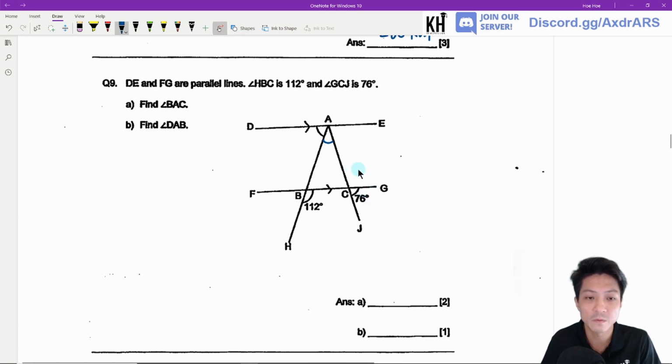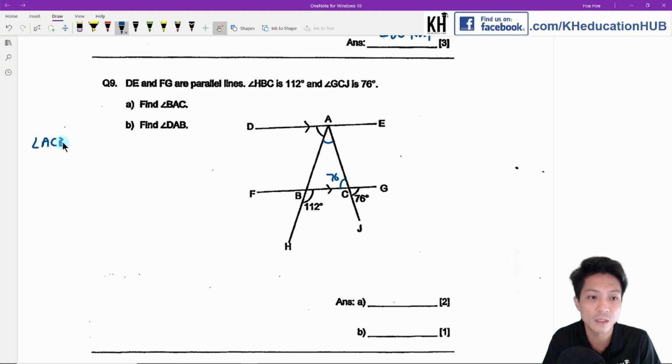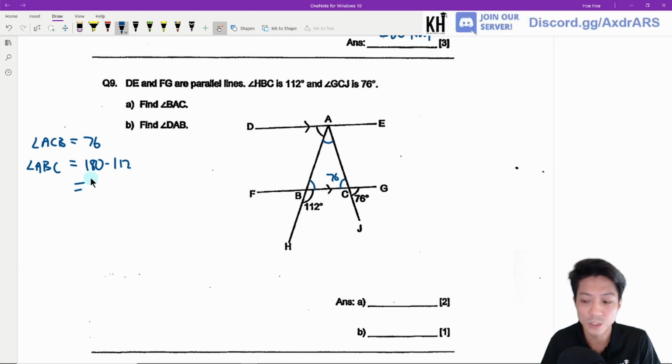So first thing is using vertically opposite. I know that this angle here is 76, so angle ACB is equal to 76. Next, I can find this angle here. Angle ABC is 180 minus 112, which is 68.